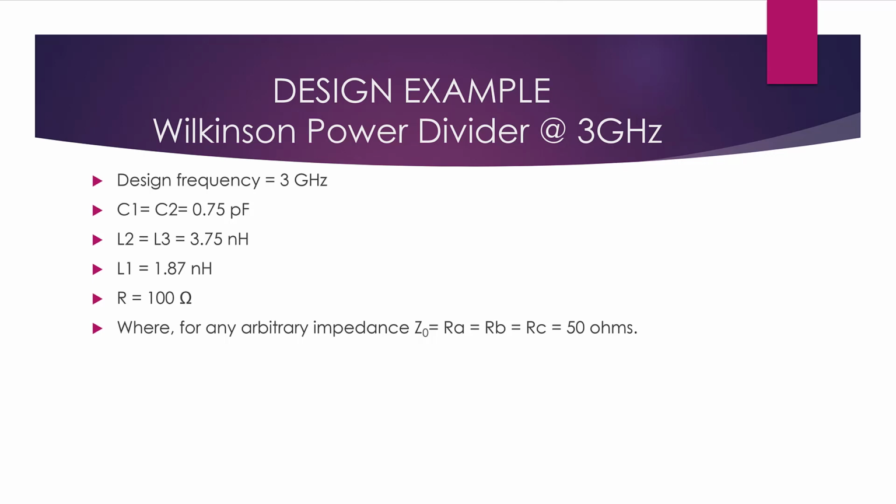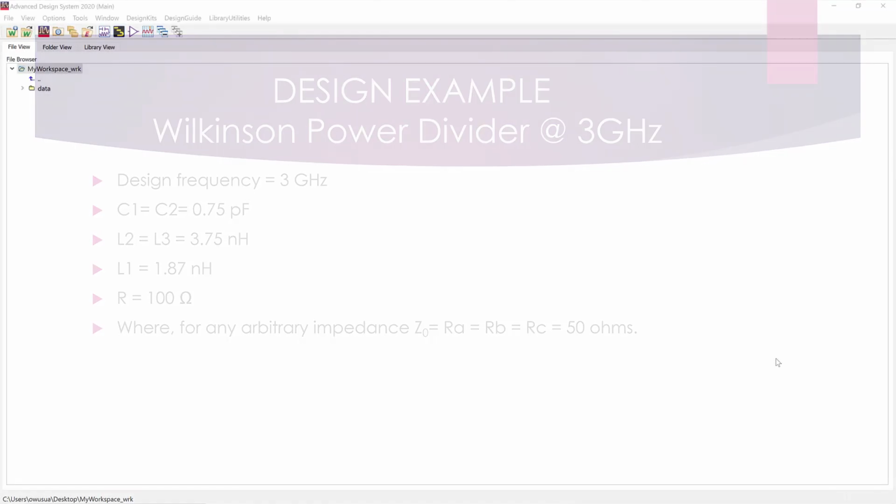Inductor 2 and 3 should be 3.75 nanohenry, and L1, that is inductor 1, should be 1.8 nanohenry, and my resistor will be equal to 100 ohms. Therefore, any arbitrary impedance, that is Z0, otherwise the characteristic impedance, should be equal to 50 ohms. So let's start our design.